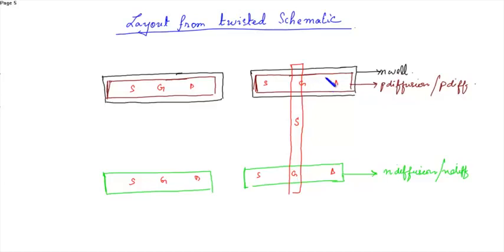So draw from here, this is the metal layer. This is metal 1. The source is connected to VDD.